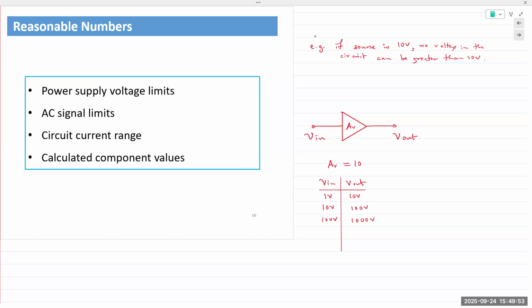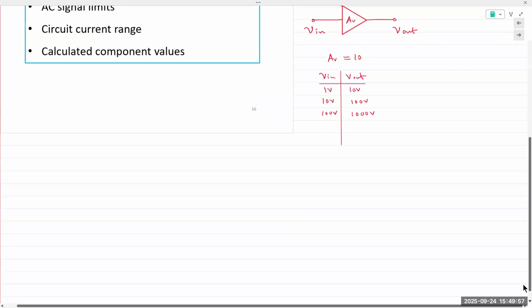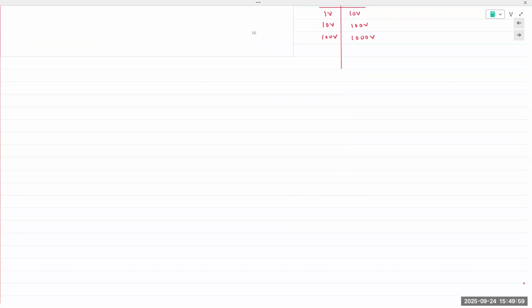So a simplistic example would be an amplifier with AC plus DC. Again, this is a very simplistic presentation. You have AC signals that are very small, perhaps in the millivolt range.